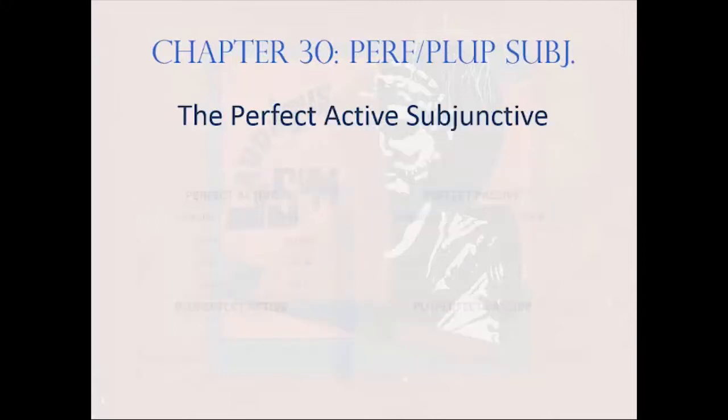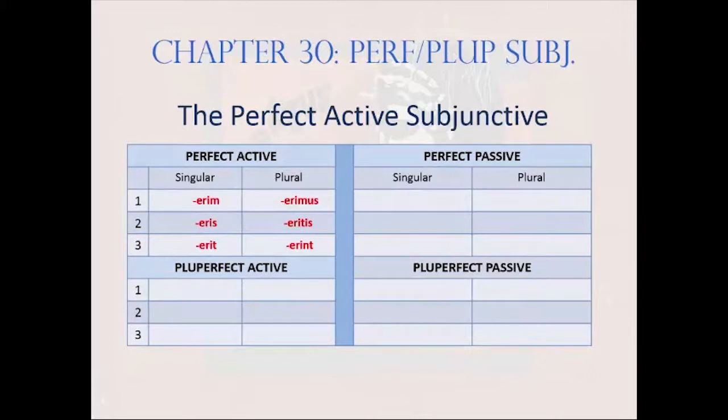Formation. The perfect subjunctive introduces the only form you haven't seen before, and even that so closely resembles something we've already studied, the future perfect active indicative, the form characterized by ERI, you could probably predict it. That same marker signals a verb is in the perfect active subjunctive.